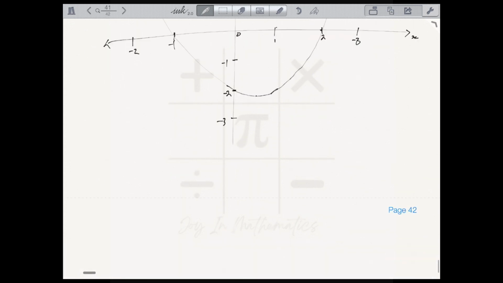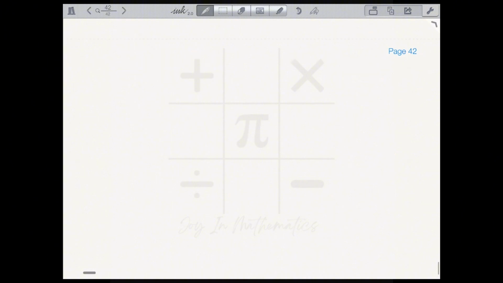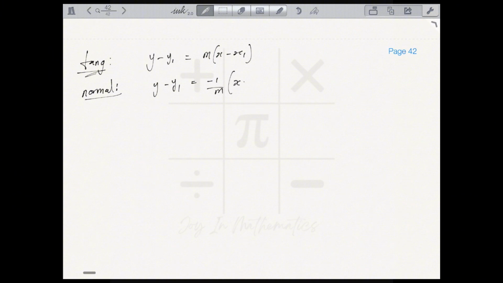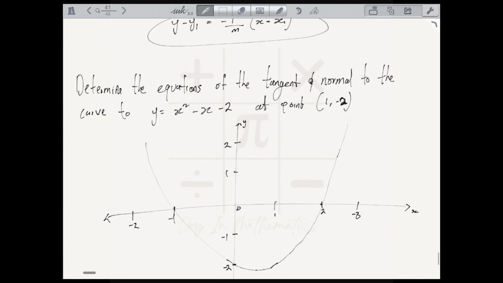Now let's solve. Let's recall that the equation of the tangent is y minus y1 equals m into x minus x1, and the equation of the normal is y minus y1 equals -1 over m into x minus x1, and we are given the point (1, -2).